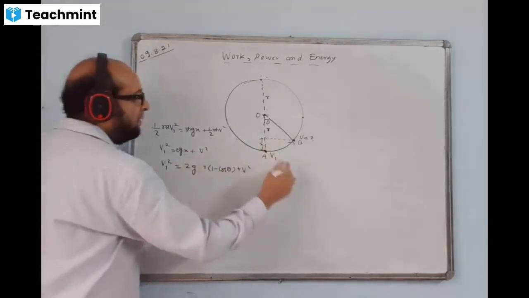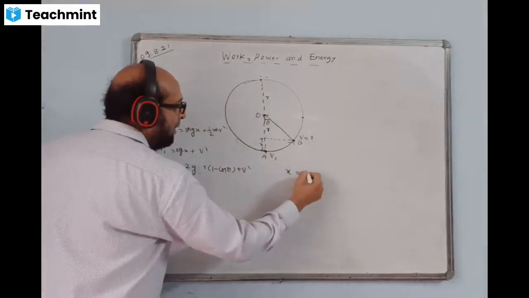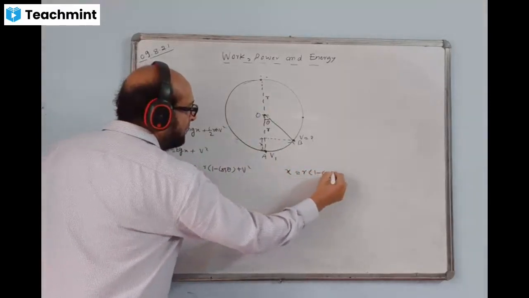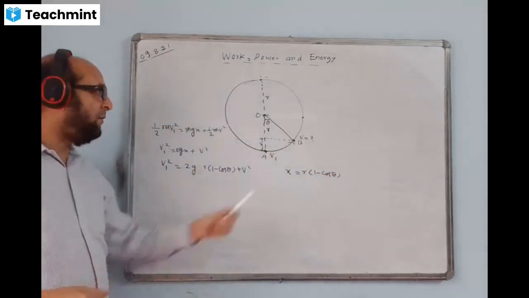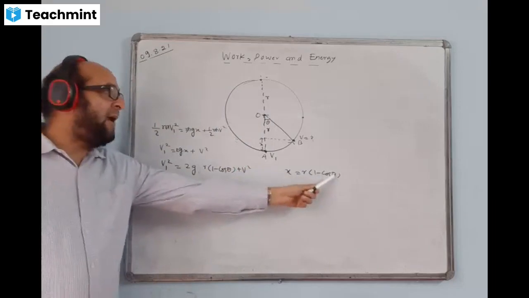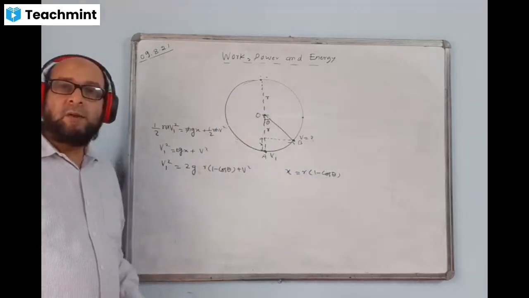The value of this height will always be r bracket 1 minus cos theta. I'll prove how it comes, but the height x in terms of the angle will be this length times bracket 1 minus cos theta.